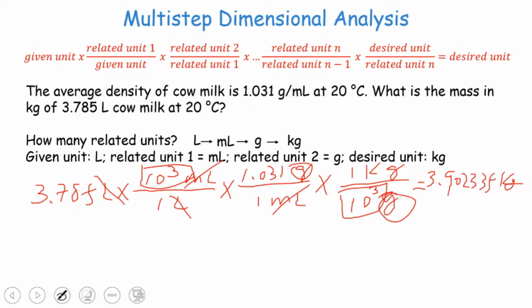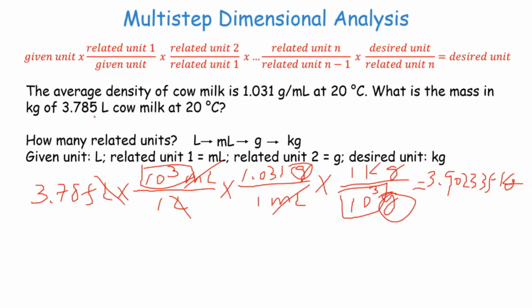You may even have more digits. Okay, but now, obviously, we cannot write down all of these digits based on the rules for significant digits. This is multiplication, and you see how many sig figs in the measurement? That's 4 sig figs. So therefore, we need to keep 4 sig figs.